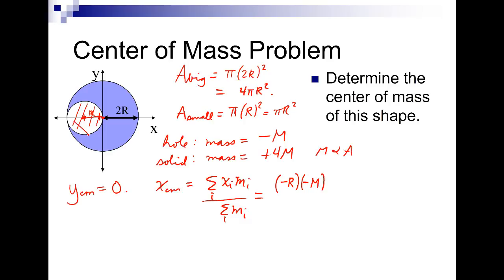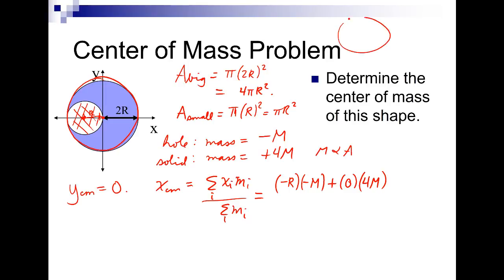So that's this circular hole right here. And the solid part has a center of mass at 0, and it's got a mass of 4m. Now you need to pretend like the solid part is actually a complete circle, and it has stuff sort of behind this hole.